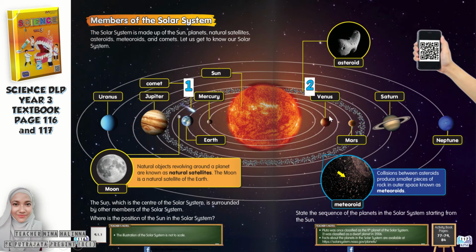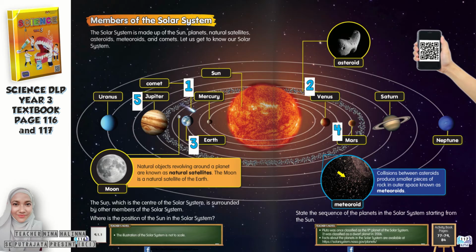Okay, and the third one is the Earth. Yes, the Earth. This is the Earth, the planet where we live on. Okay, so the Earth is the third planet, and the fourth planet is called Mars. Okay, Mars. And then the fifth one here is Jupiter. And then, oh, do you notice that Jupiter is really big? Yes, Jupiter is actually the biggest planet in the solar system.